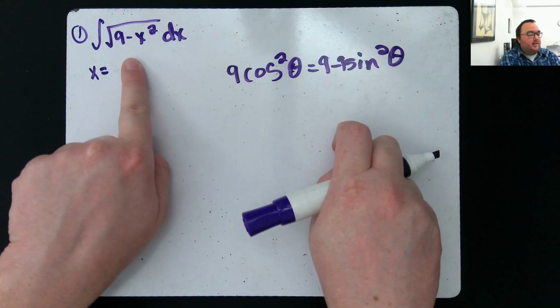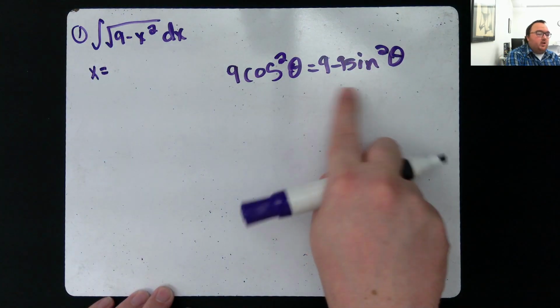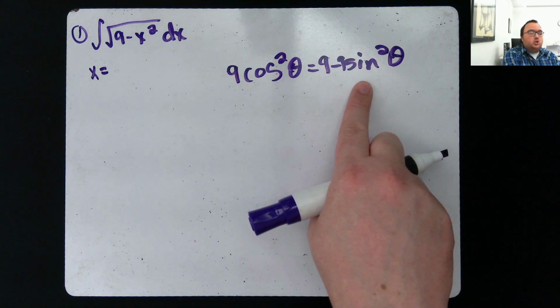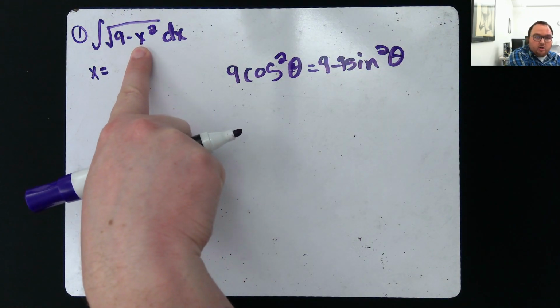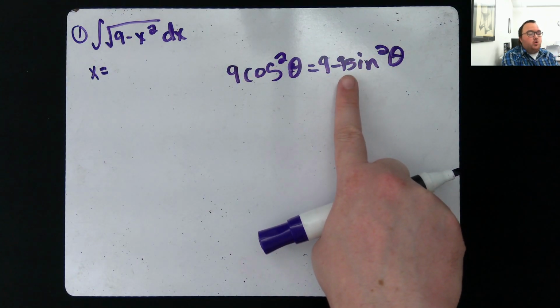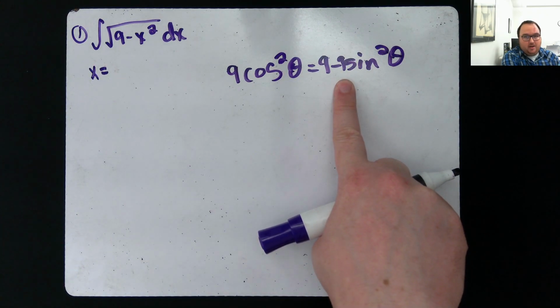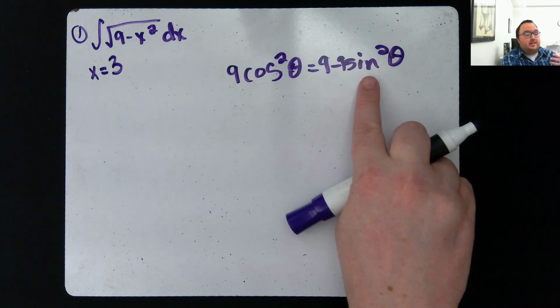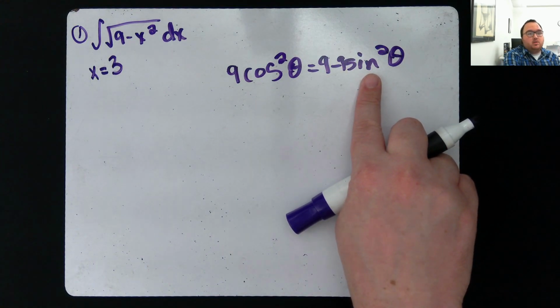Well, it's 9 minus something squared. Over here I see I have 9 minus 9 sine squared. So what would I have to square to give me 9 sine squared, right? Well, to get the 9, I would need a 3. So 3. To get sine squared, I would square sine.